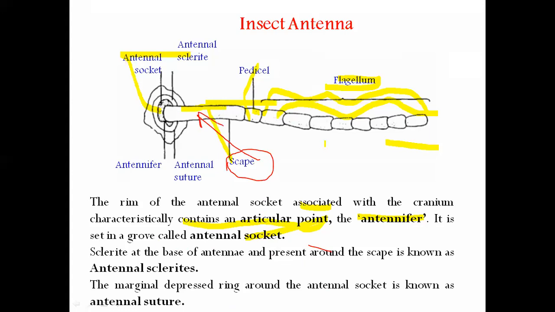Okay, and it is articulated at a joint. It is articulated within an antennal pit, that is, inside the antennal socket on the cranial part where the antennal sclerite is located on the cranium inside the head region.